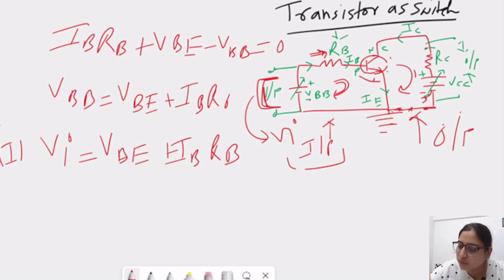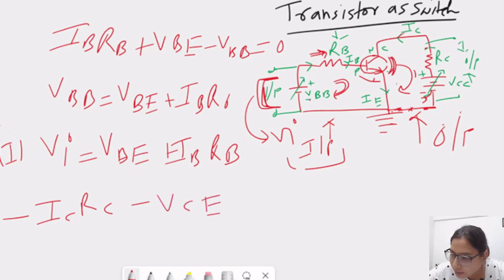So the voltage drop across this resistor RC is nothing but minus IC RC here, because current is flowing in this direction and battery potential is like that. And we will consider this voltage, which is minus VCE, and that one is negative to positive battery potential, which is plus VCC, equal to 0.